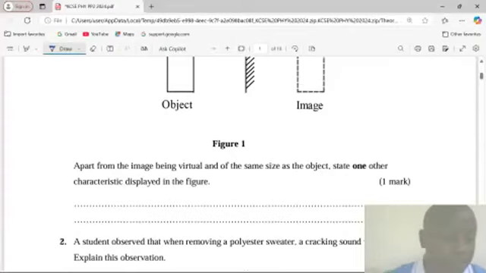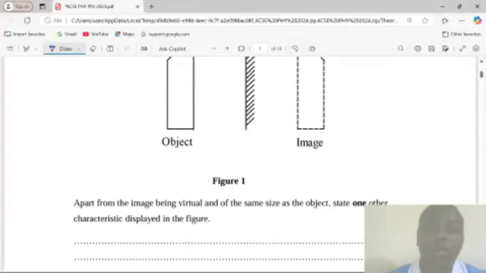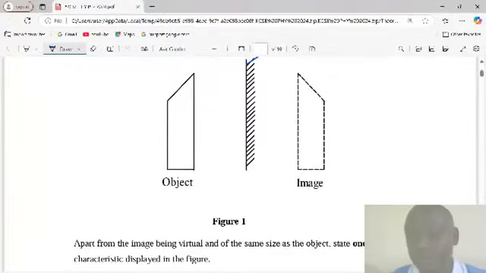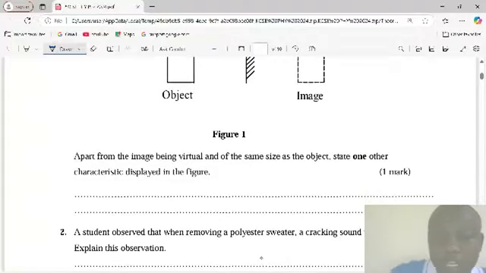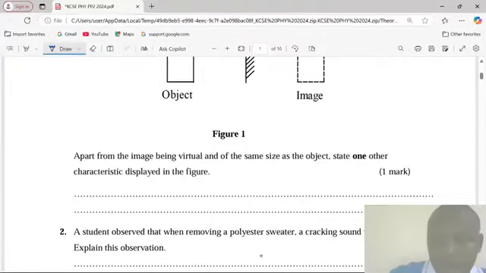Therefore, ours is not even to recall. We are just supposed to observe, and we just state what we can observe about the image formed. So we are already restricted. The image is virtual, and the image is the same size as the object.